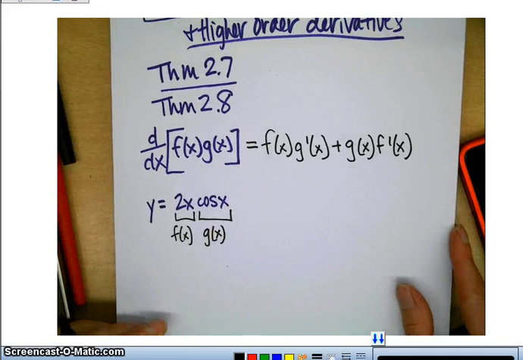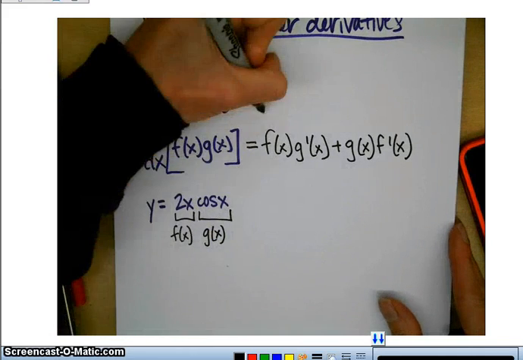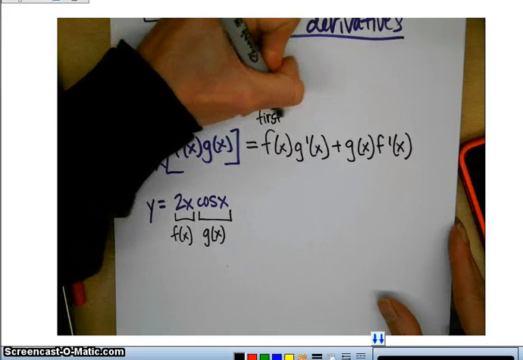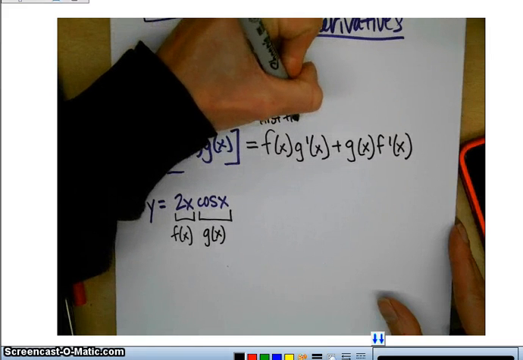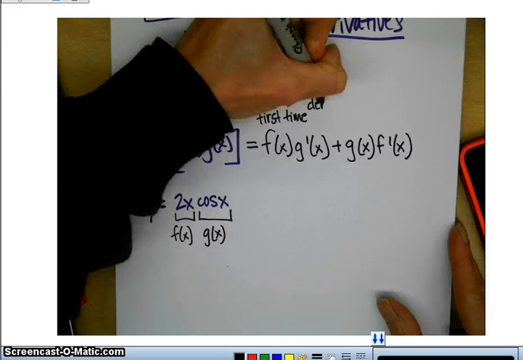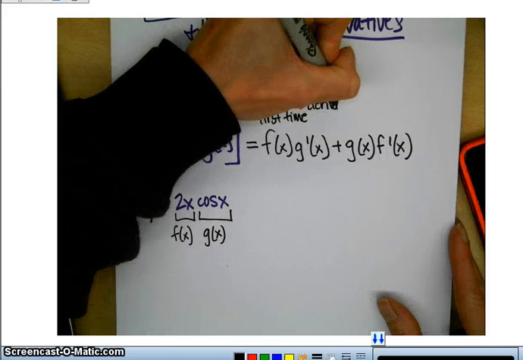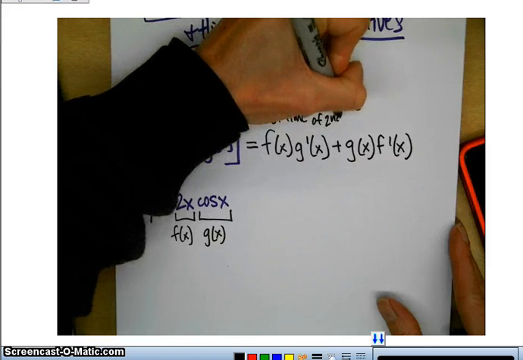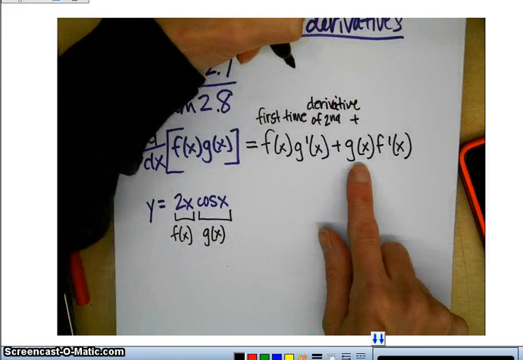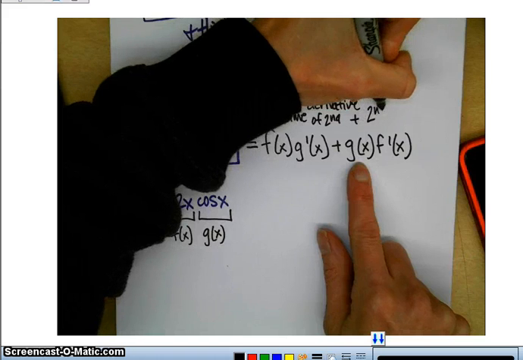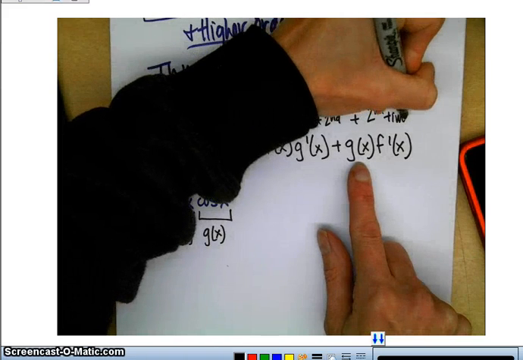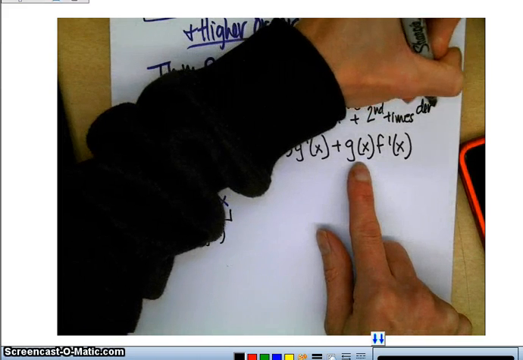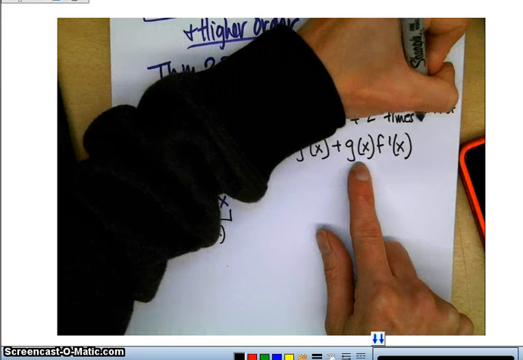Now, what does that mean? Here it is in words. First times derivative of the second plus the second times derivative of the first.